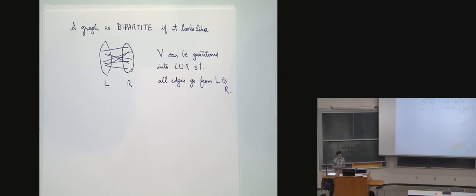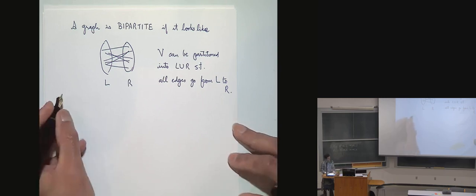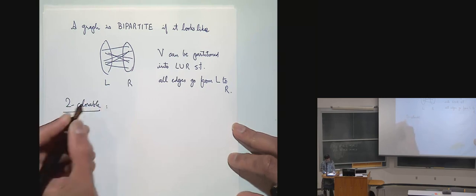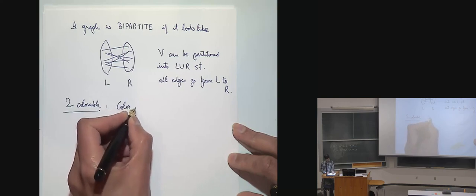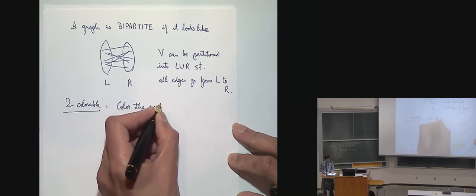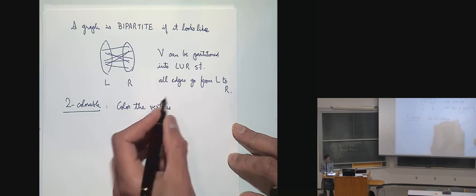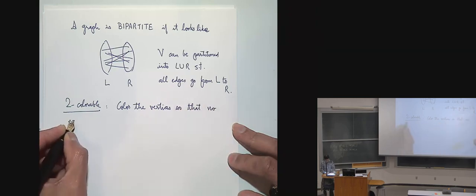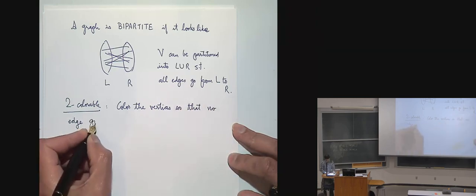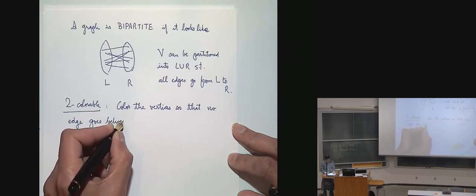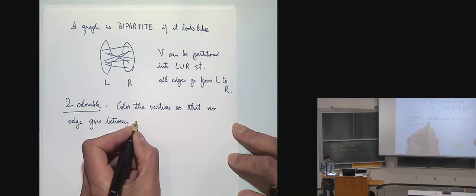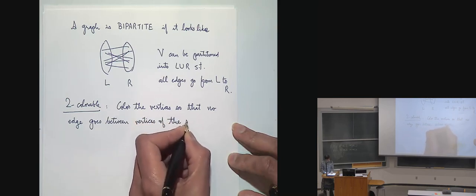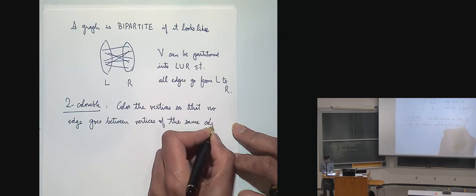This is also called two-colorable, which means that you color the vertices so that no edge goes between vertices of the same color.